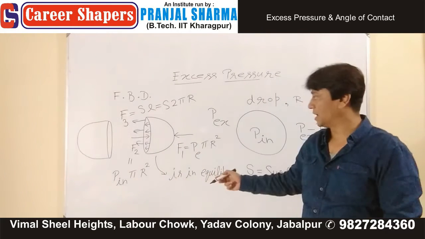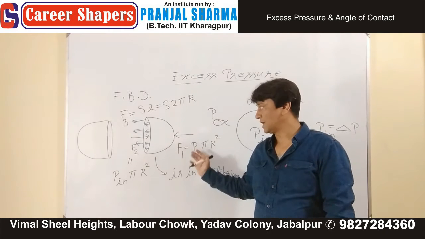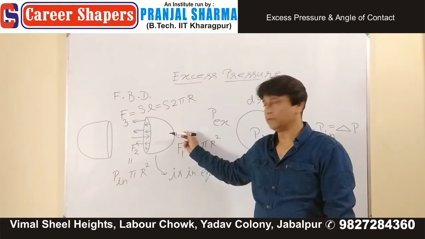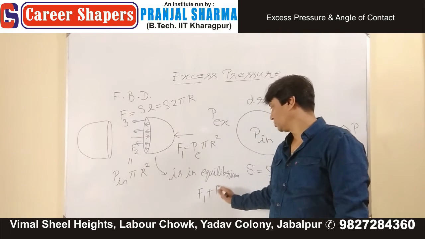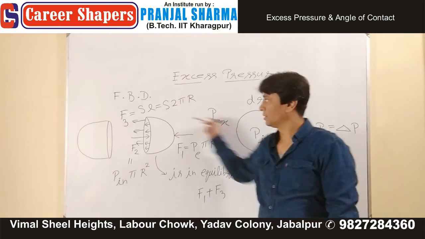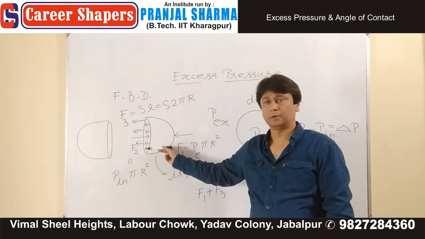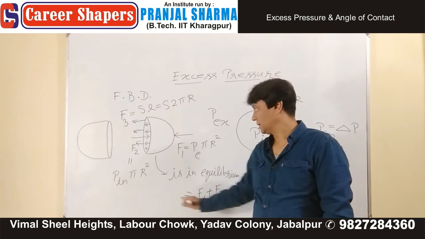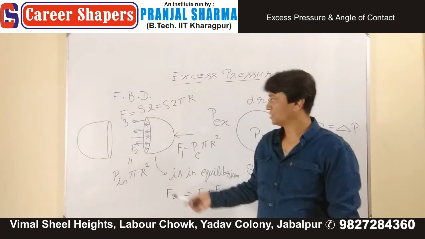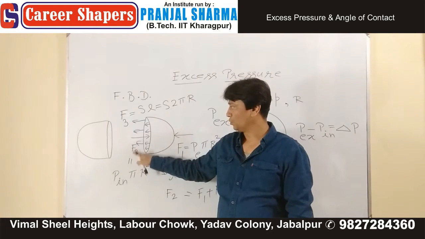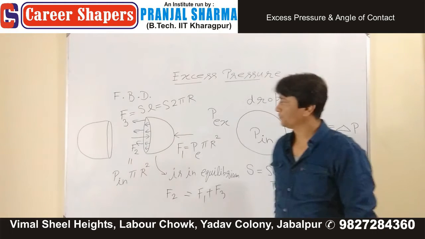Concept of free body diagram. You have three forces acting on it. F1 in this direction, F3 also in the same direction, being balanced by F2, which is acting in this direction. F2 is shown by the black arrow.